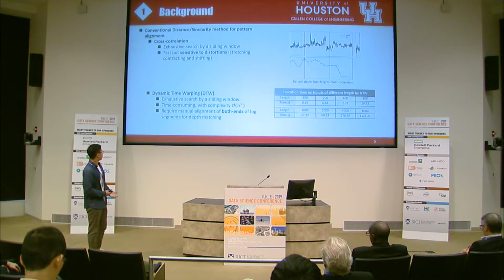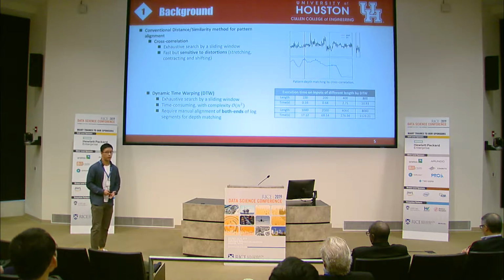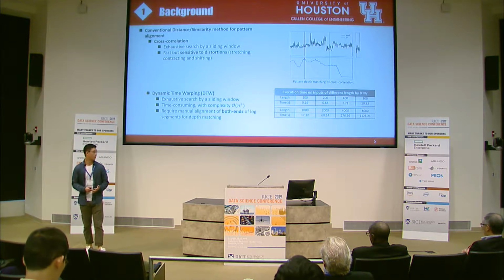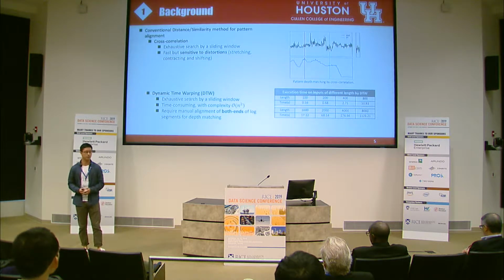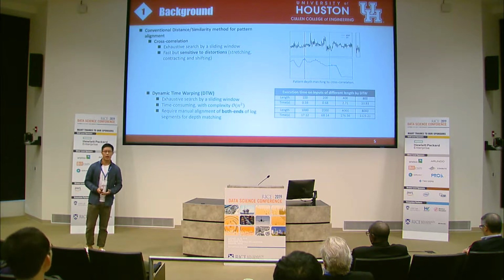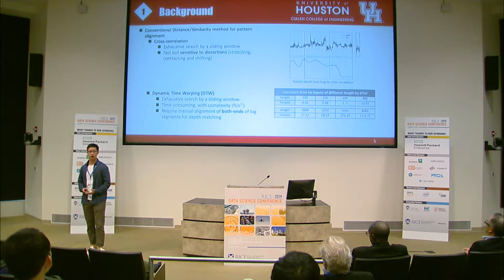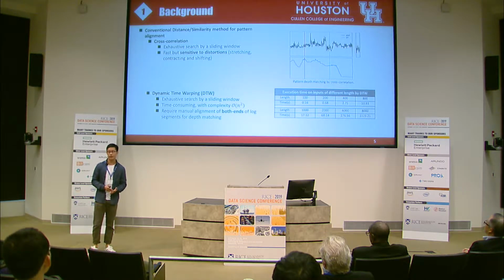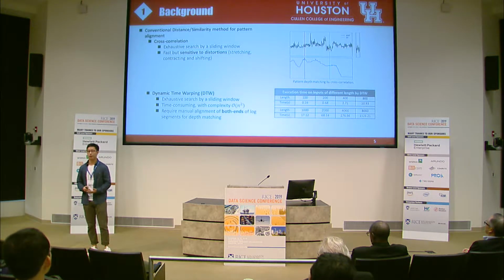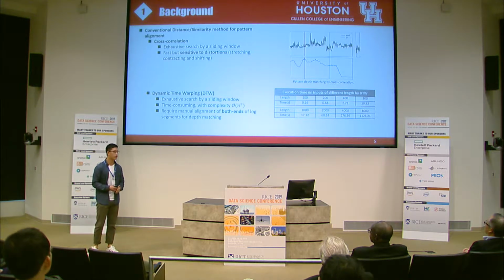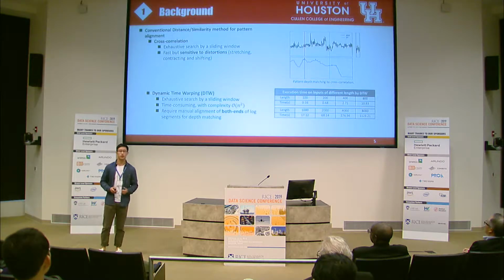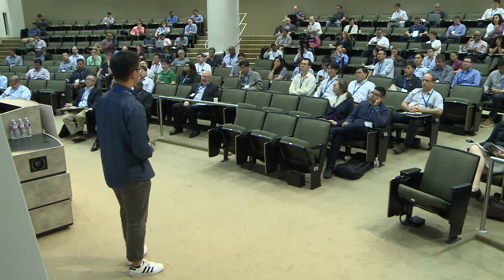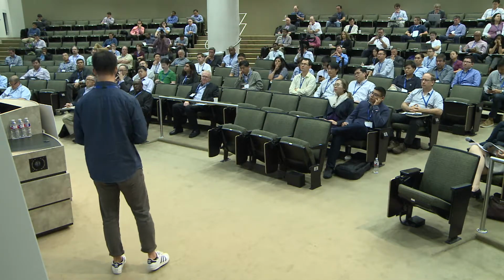Another method is dynamic time warping, which can be a possible method to do depth matching to match the two time series. But it is very time consuming as the length of the time series increases, and it often needs a lot of human intervention, because to do depth matching by dynamic time warping, we need to align both ends of the time series.